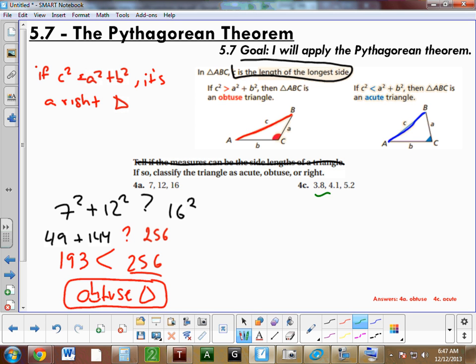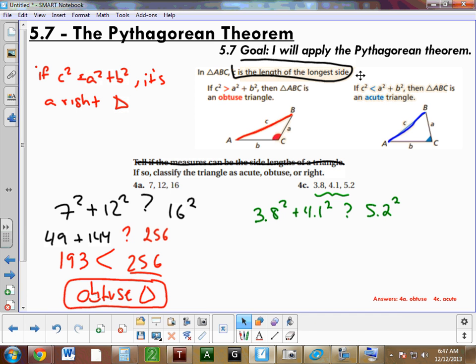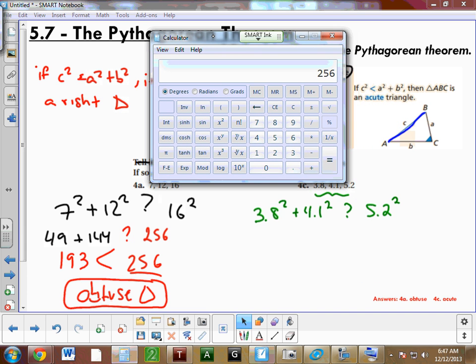All right, let's test that again with this. Now this one you're not going to be able to just do off the top of your head. You're probably going to have to throw this thing in a calculator. So 3.8 squared plus 4.1 squared and then 5.2 squared. What's the relationship? If I go to my calculator, I do 3.8 squared, that's 14.44.